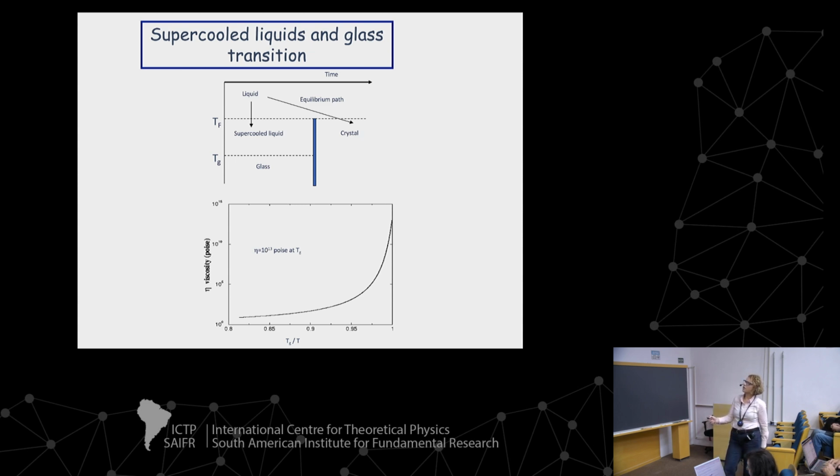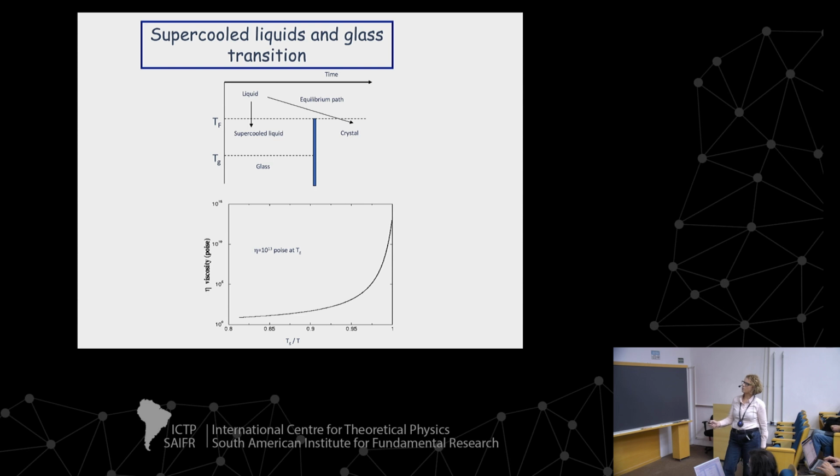So from a liquid, this is the freezing or melting temperature, you go down and you get into a region in which you either have a crystal or you have a supercooled liquid. And the supercooled liquid, when you cool down more and more, eventually becomes the glass at the glass transition temperature.